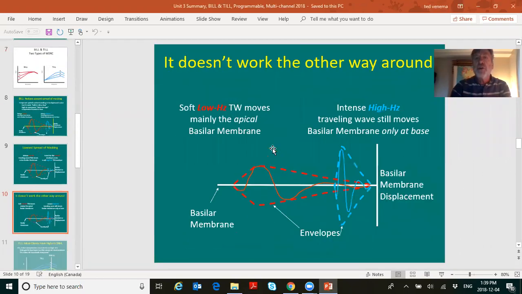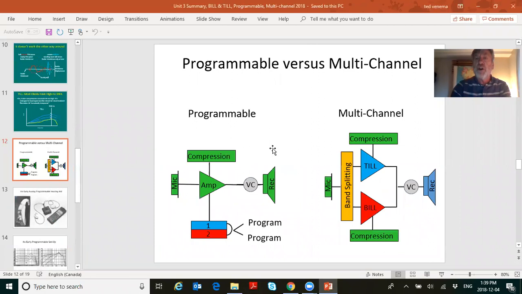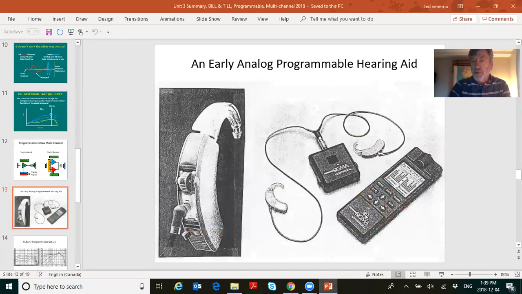But let's look at some of this. You do have multi-channel today, and this is a two-channel hearing aid. Now the hearing aids have 10 to 20 channels at least. So this is programmability, and analog hearing aids began giving programmable, and they actually started doing programmable before they did multi-channel.